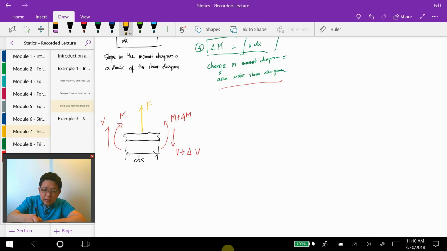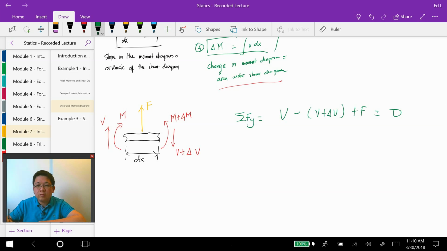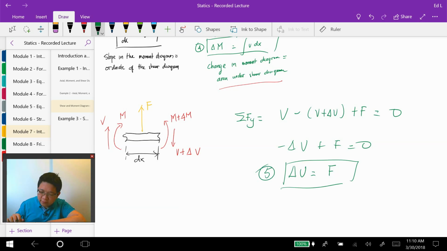If we sum the forces in y, we have V minus (V plus delta V) plus F equal to 0. We obtain that delta V is equal to F, and this is basically the fifth rule.